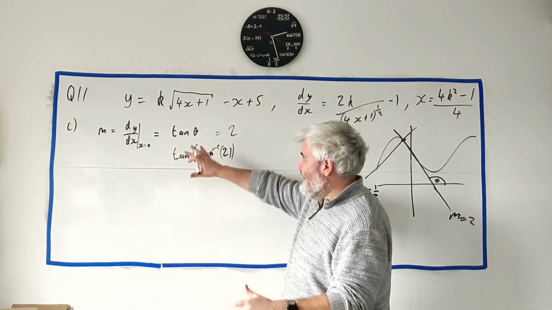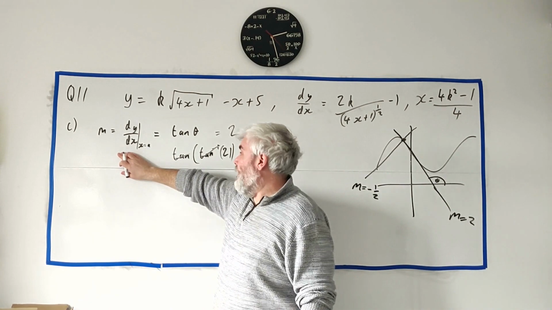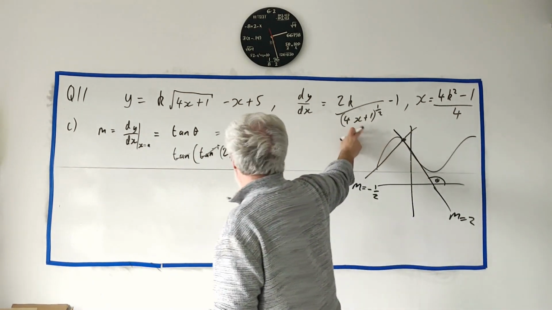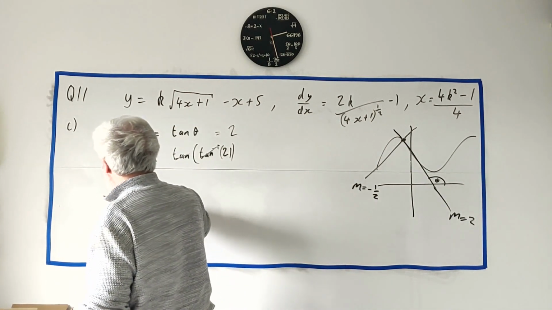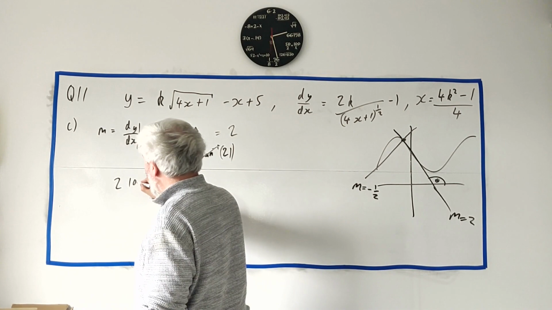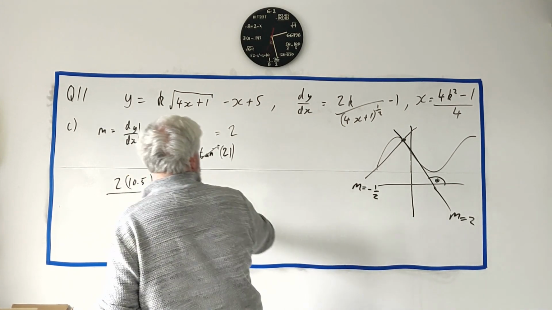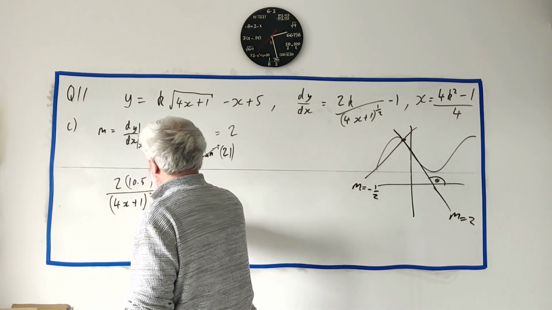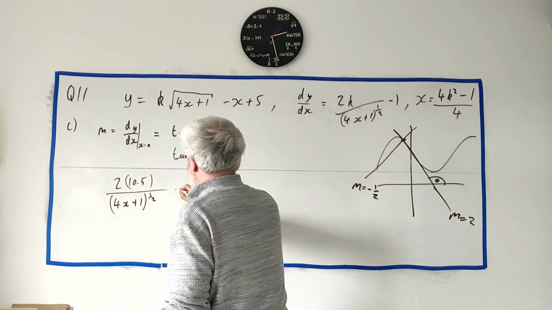Okay, what else can we tell? dy/dx, we haven't used that yet. We know dy/dx here. So let's write down dy/dx. 2 times k, which in this case is 2 times 10.5, all over (4x plus 1) to the power of a half, minus 1.